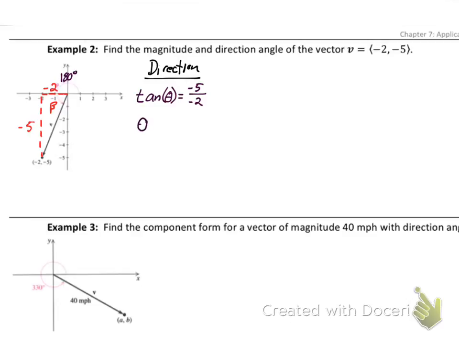So we're going to say that angle actually equals the tan inverse of 5 divided by 2. That's going to come out to 68.2 degrees.